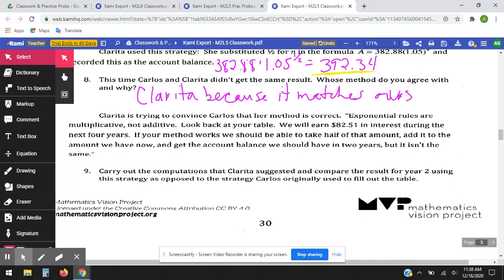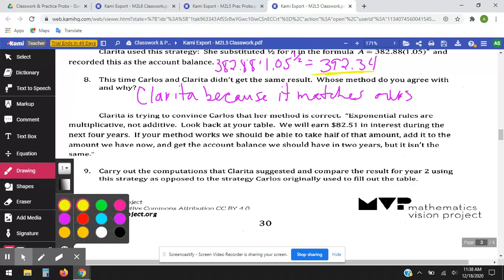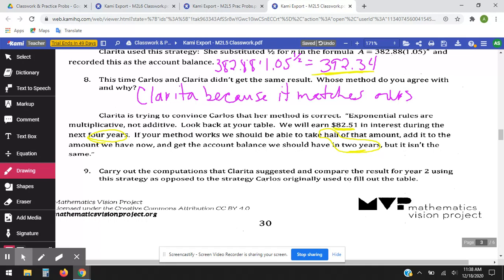If your method works, we should be able to take half that amount, add it to the amount we have now, and get the account balance we should have in 2 years. That's a lot of words. This is the interest for 4 years. She's saying half of that interest should add up to equal our 2 years mark. So let's see if she's right.